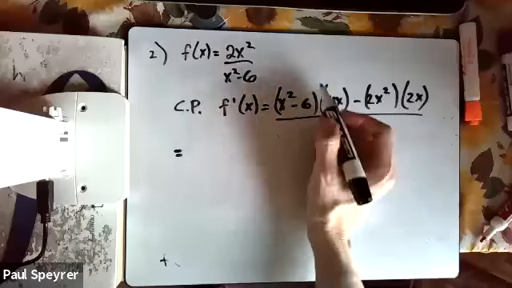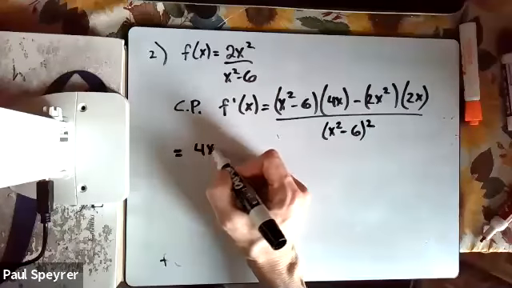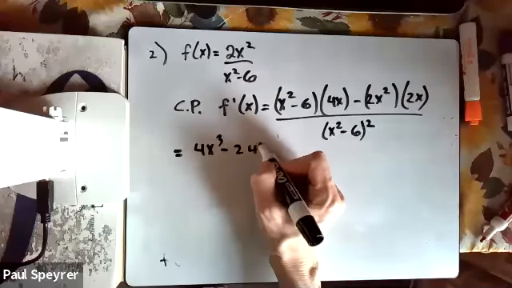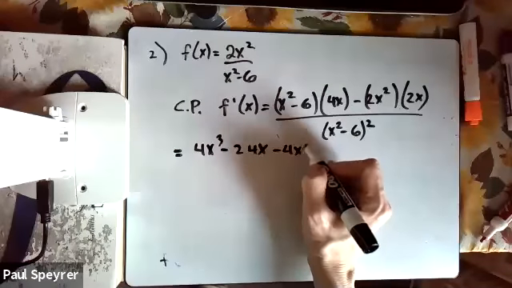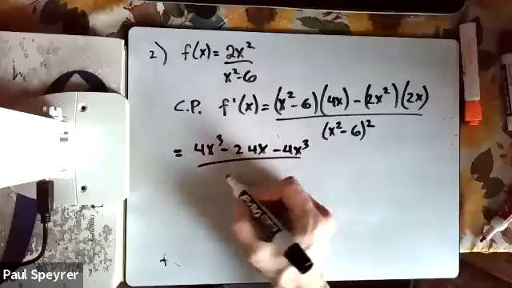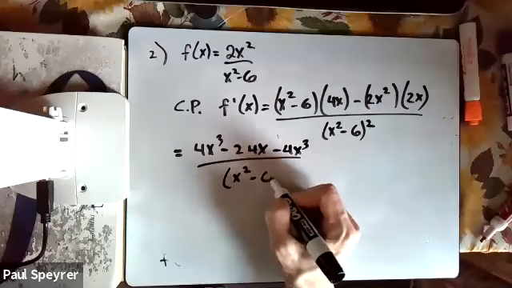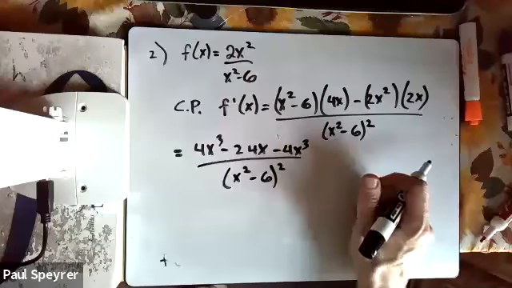So what does that equal if we distribute? We get 4x cubed minus 24x minus 4x cubed divided by x squared minus 6 squared, like that.